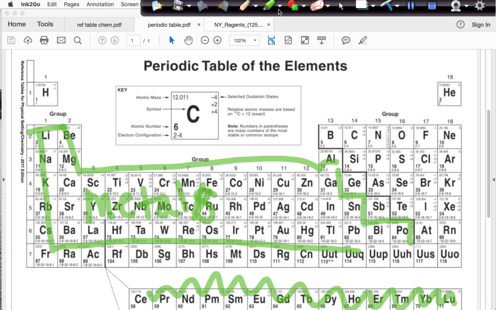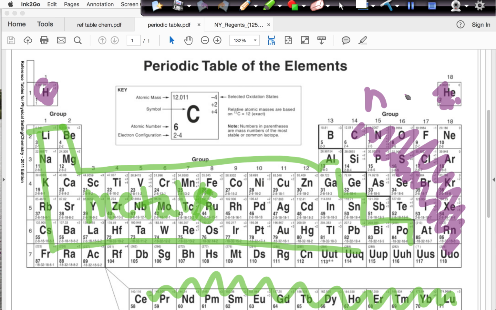If we want to look at the nonmetals, remember hydrogen is a nonmetal, and then all these elements over here, including helium, are nonmetals.